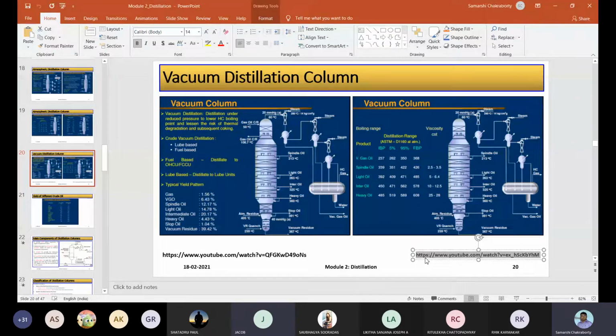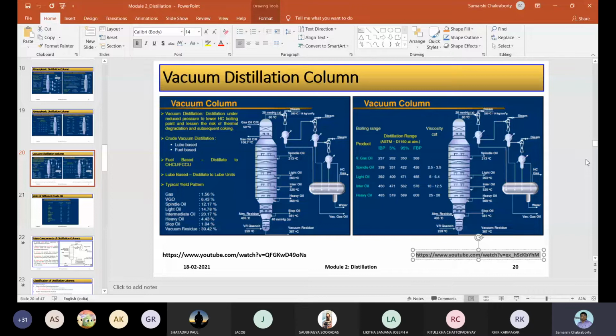So let me just further continue on this. I have talked about the different types of petroleum fractions that are coming out of the vacuum distillation unit. If you do this distillation at atmospheric pressure, we have to heat up all of this petroleum fraction to a very high temperature.